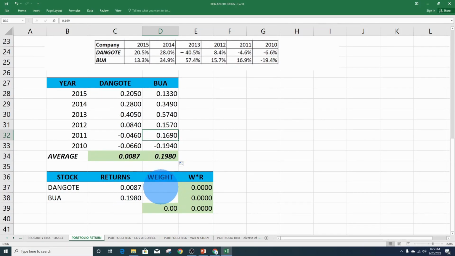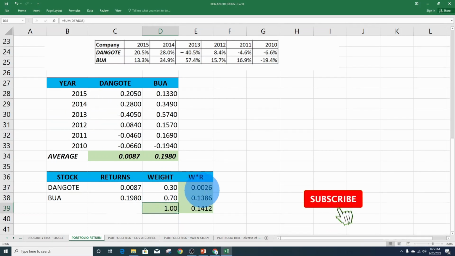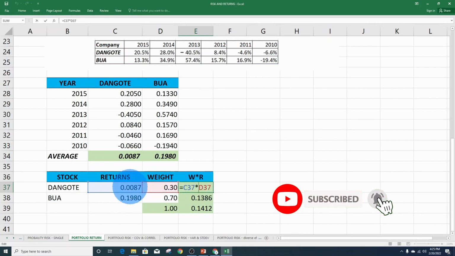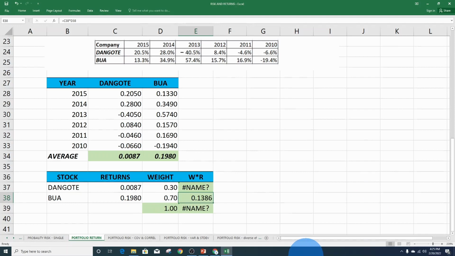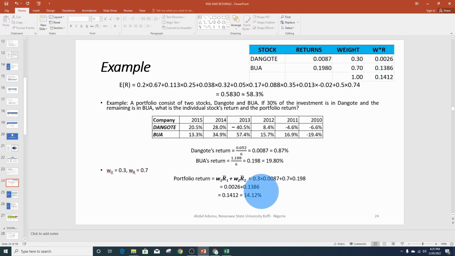Then our weight for Dangote is 0.3, for BUA is 0.7. That is our value. So once we multiply this times this, and this times this, so we have that. Once we add the two together, you can see it is the sum of these two. Our return is 0.1412, which is the value we have here.